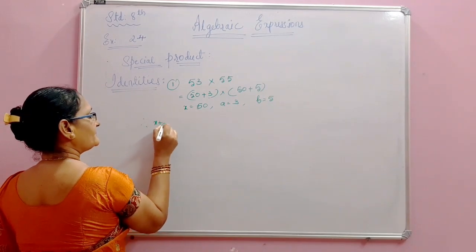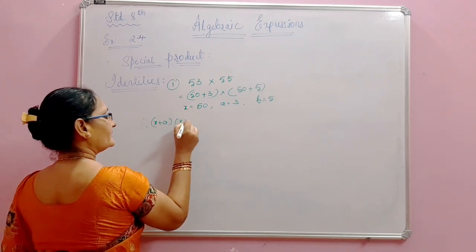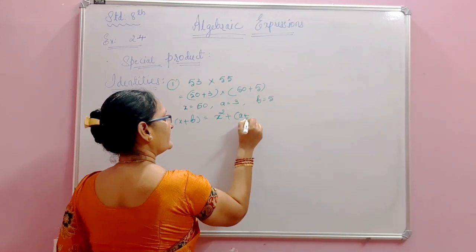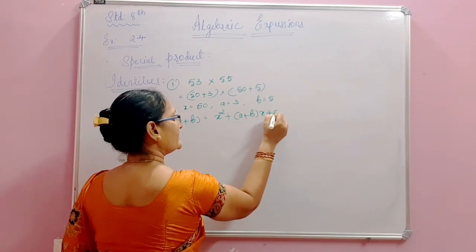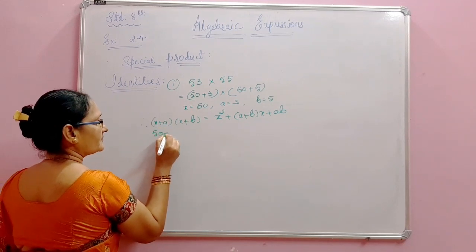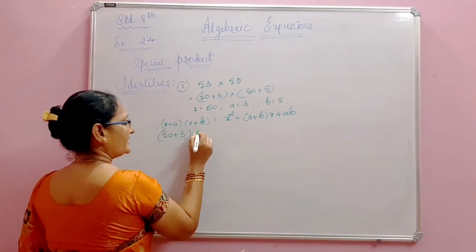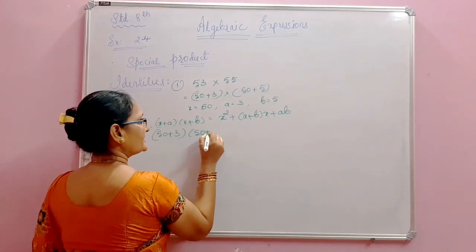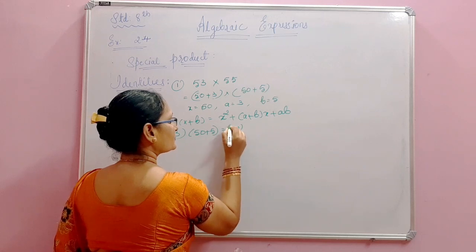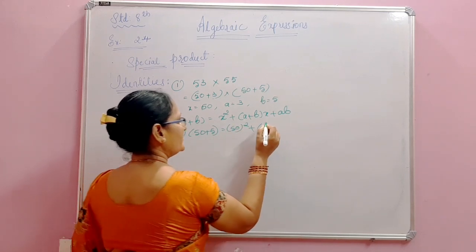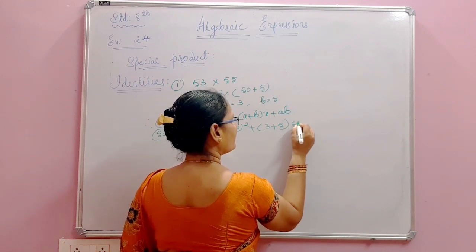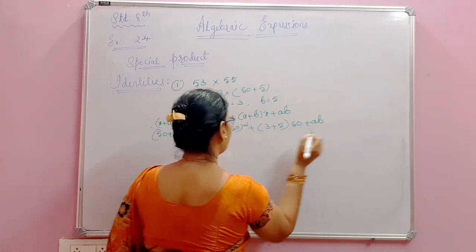Therefore, (x + a)(x + b) is equal to x² + (a + b)x + ab. Now what is there in place of x? (50 + 3)(50 + 5) is equal to x squared means 50 squared plus a is 3, b is 5, here 50 plus ab.